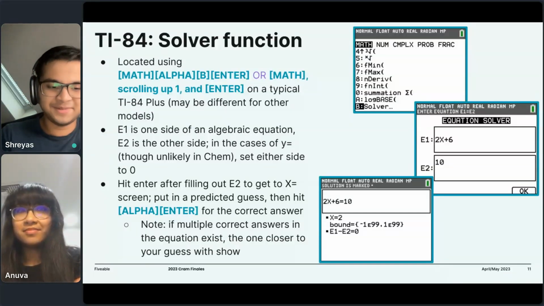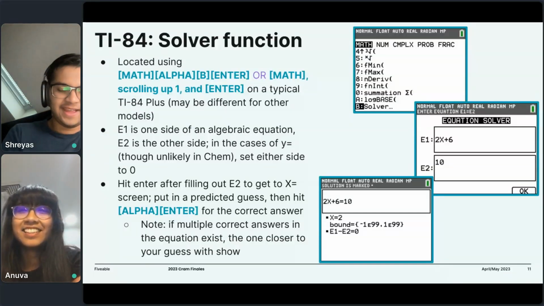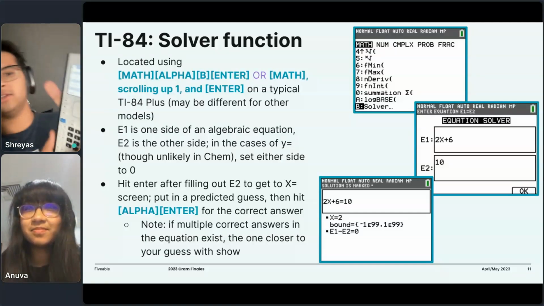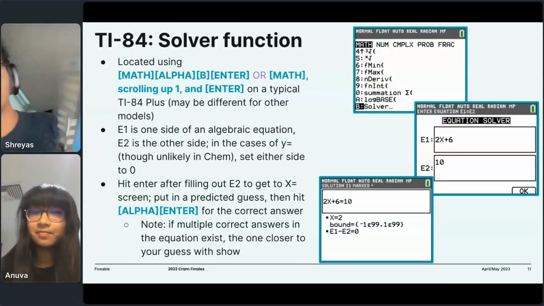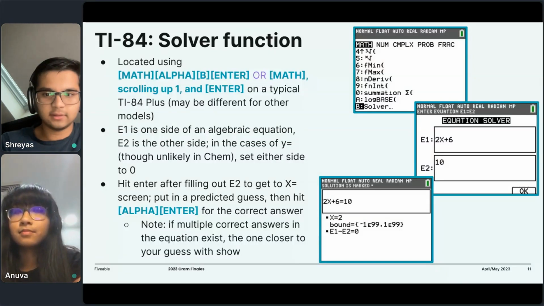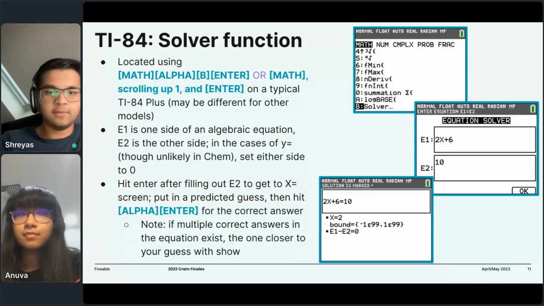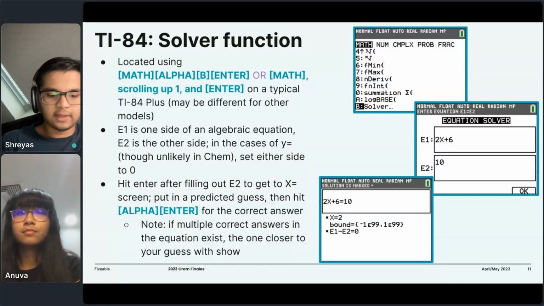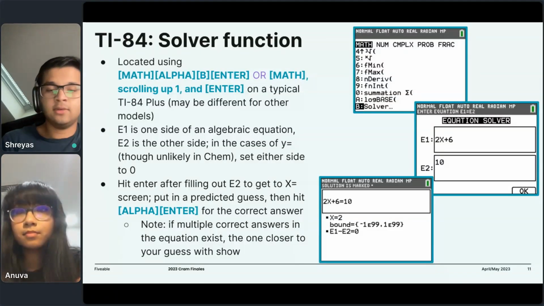You go to algebra, and then you press number 1, which is numerical solve, and then it'll say nSolve, and then it'll give you brackets. Then you type your equation. Here in the example on the screen, it says 2x plus 6. Then we want to see what x equals when 2x plus 6 equals 10.